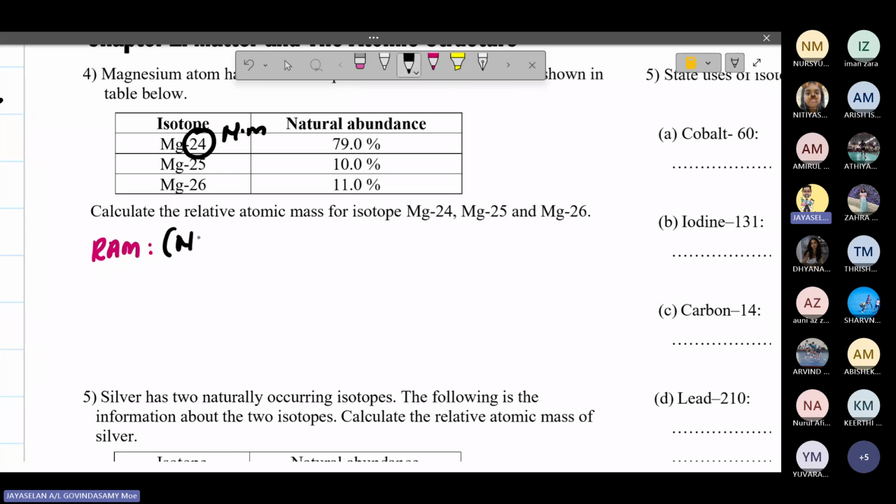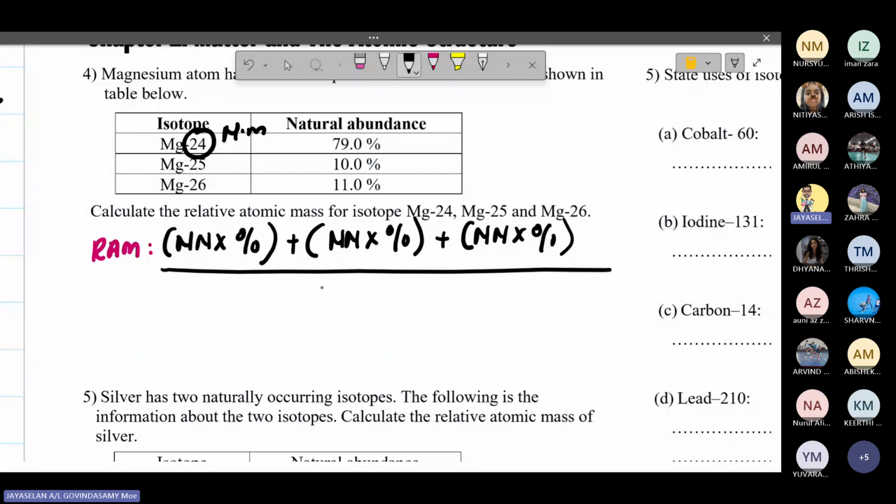You take the nucleon number times with the percentage, plus one more isotope. We have 3 isotope, right? Nucleon number times with the number of percentage, plus one more isotope, nucleon number times with the number of percentage, divide with total percentage, selalu 100. Faham? This is the formula. No need to memorize the formula. Very easy.